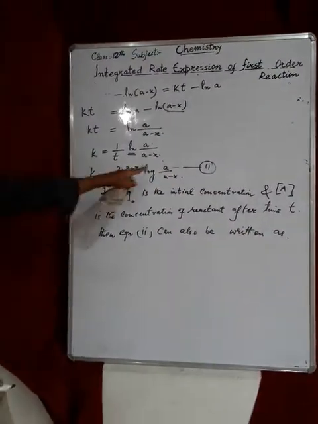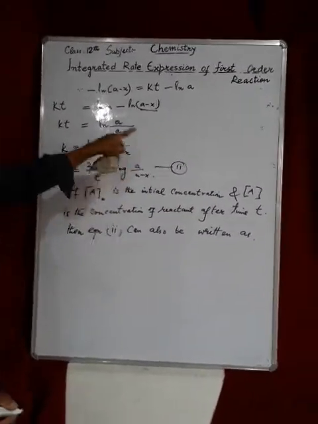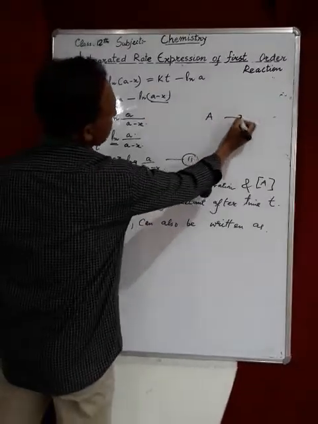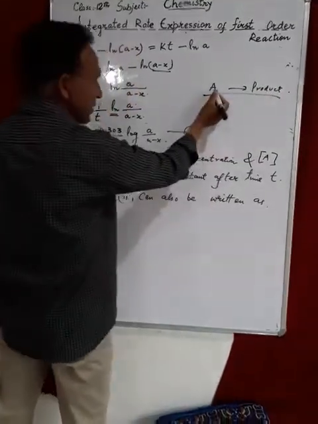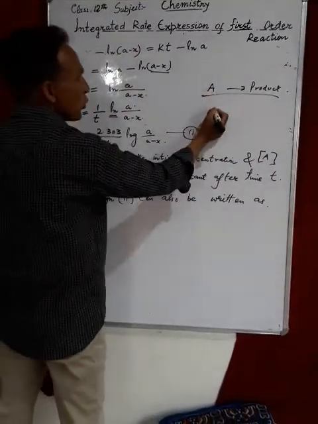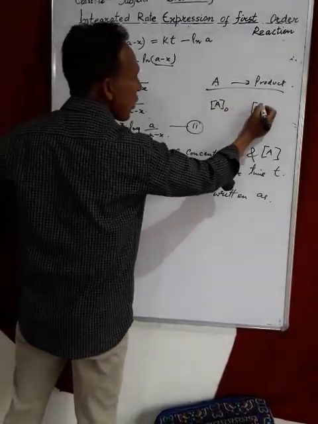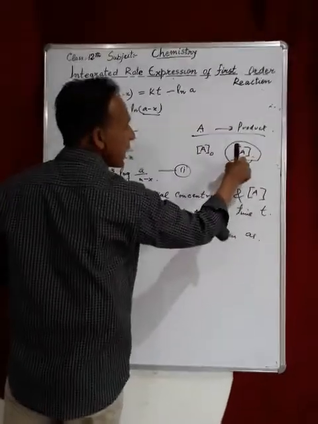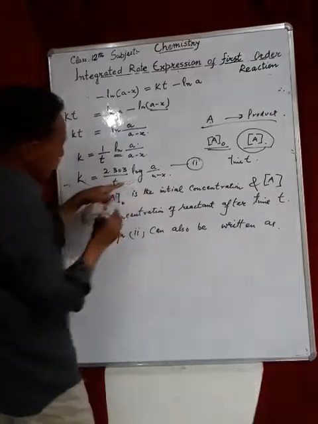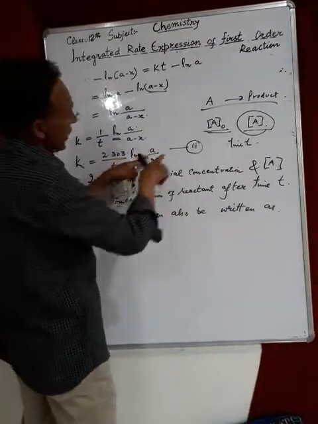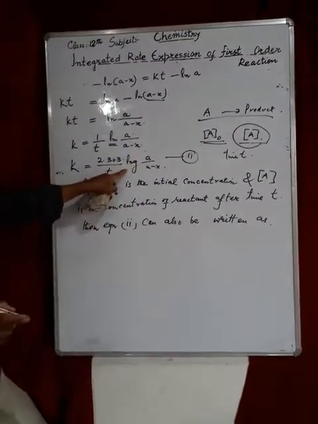Where earlier we took A moles per liter of the substance, when A gives product, what is the initial concentration of A? We denote it by A naught, and this A in the square bracket is the concentration of A after time t. So for small a we write A naught, and for A minus x we write A. We substitute the values in equation second.